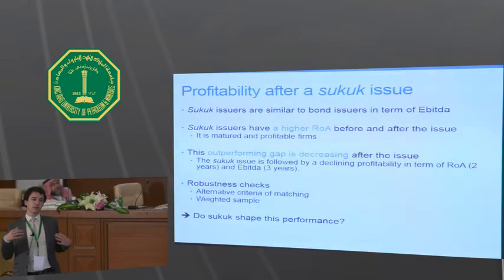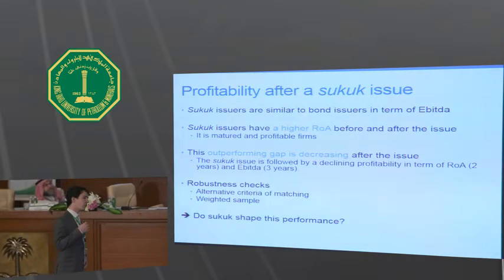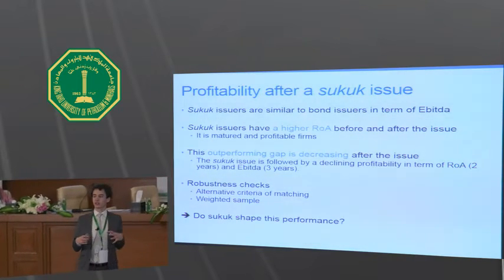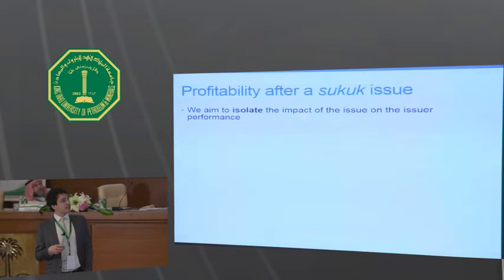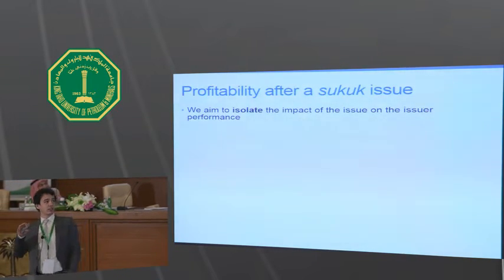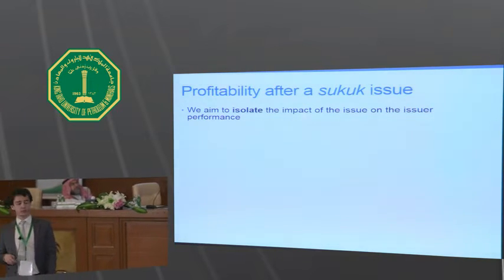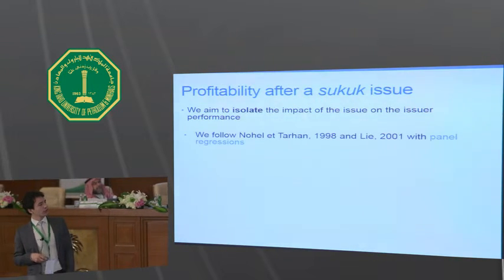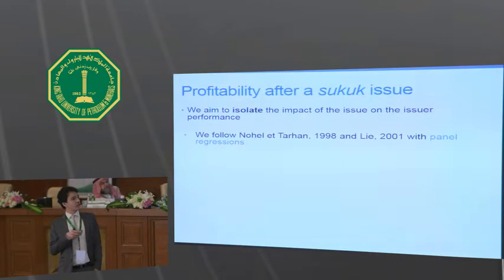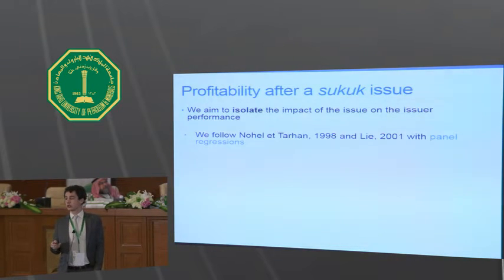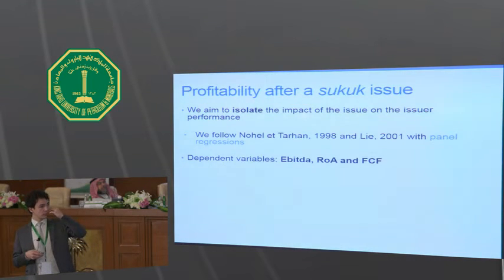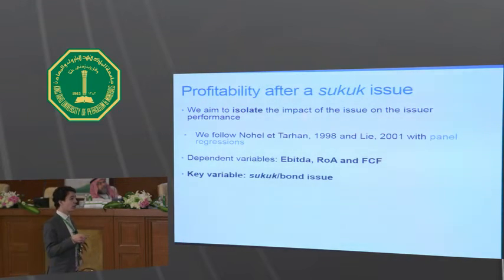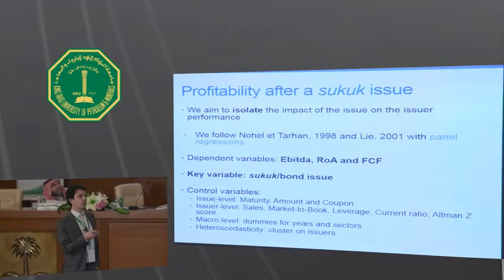Because here we are just comparing pairs. And even if we control for lots of things by matching these companies, we do not have something more robust. So the next idea is to isolate the impact of the issue on the issuer performance. For doing that, we follow Noel and Taran and others who do panel regressions, and we have dependent variables, profitability and free cash flow, and a key variable, which is just a dummy Sukuk bond issue.